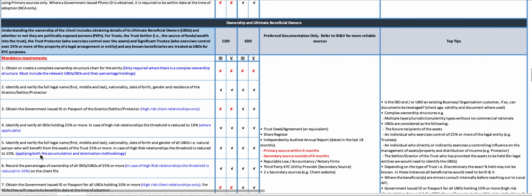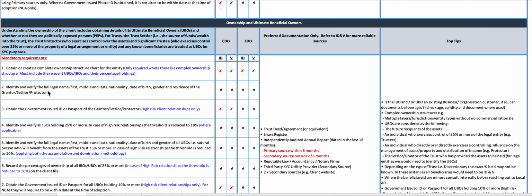Ownership and UBO. So you want to identify and verify the full names of the individuals as well as the business entities, the full name, nationality, date of birth, gender, and residence for EDD and CDD. And for EDD, you would need identification the majority of the time, but sometimes for CDD as well.